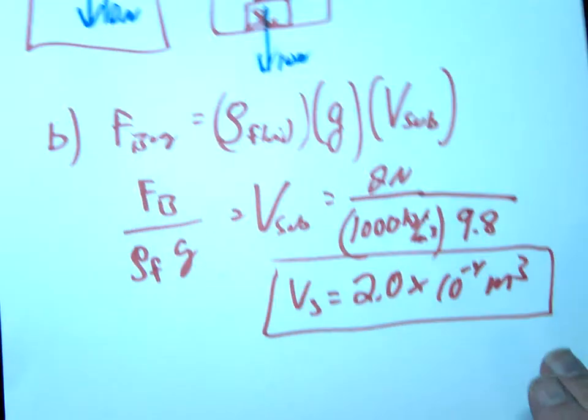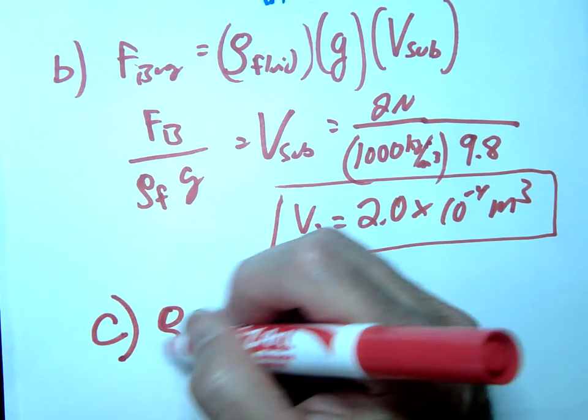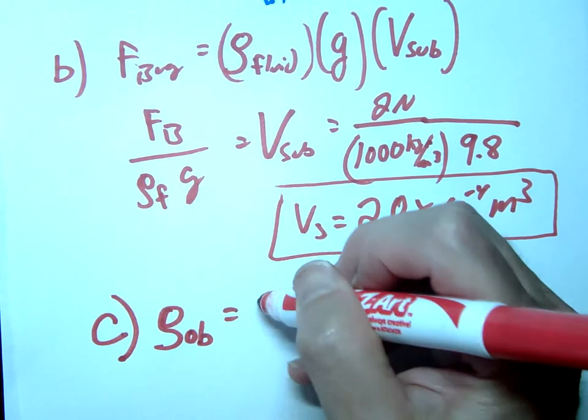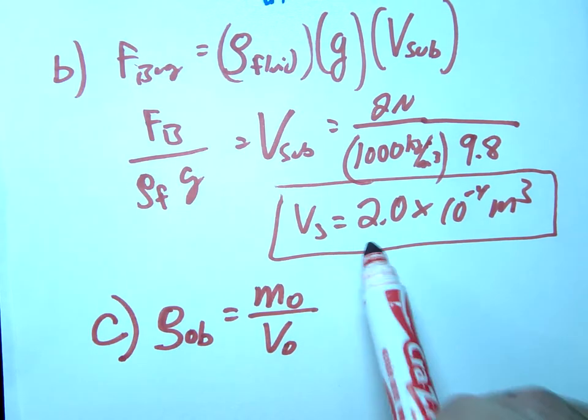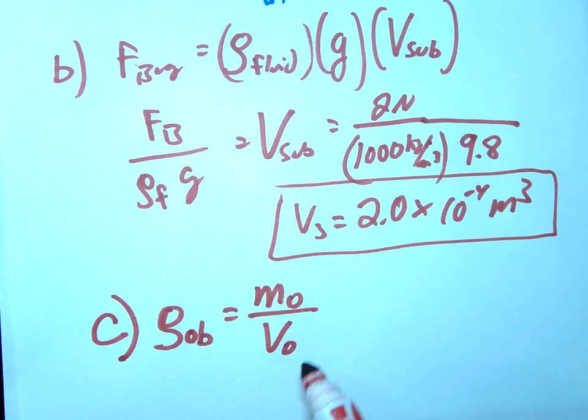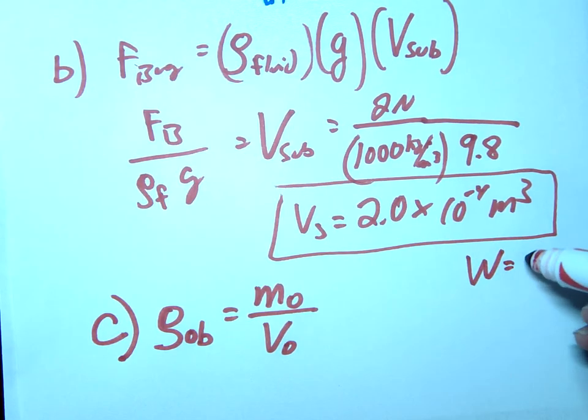All right, last question is we're now going to look for the density of the object. The density of the object is the mass of the object divided by the volume of the object. Again, the volume submerged is going to be the same since it's entirely underneath the water. The mass of the object, well, they gave us the weight in air, and that's equal to simply mg.